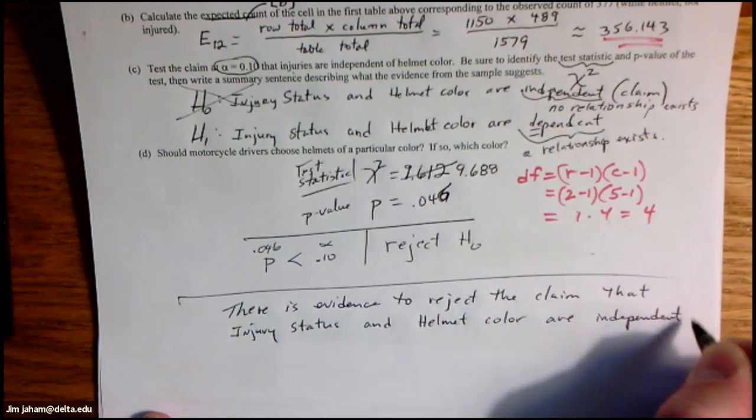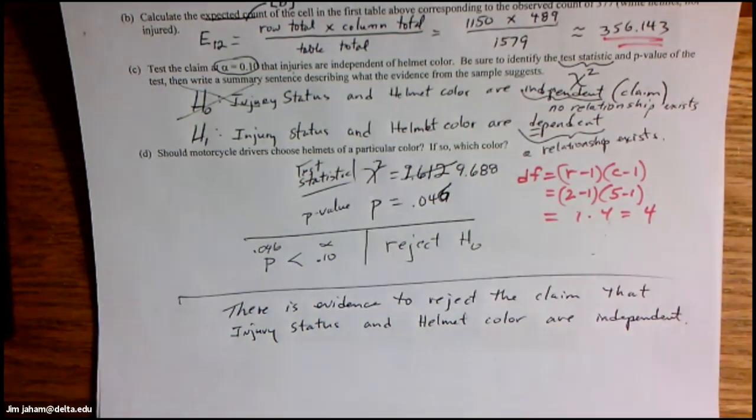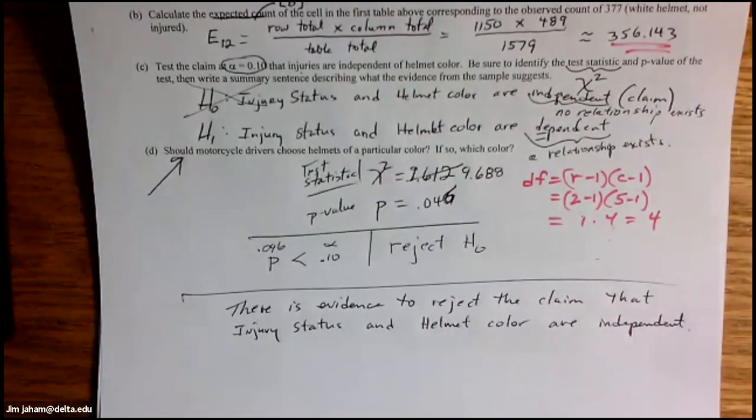All right, that kind of gets at it, but I usually ask you in this test to go further. So a lot of times I'll ask a question like you'll see in part D there.